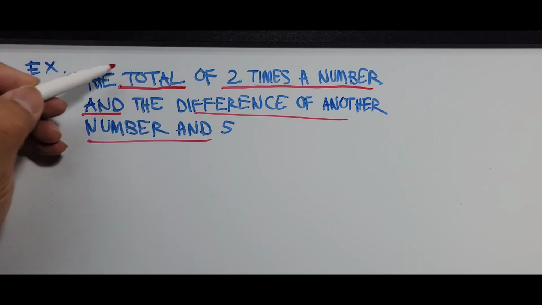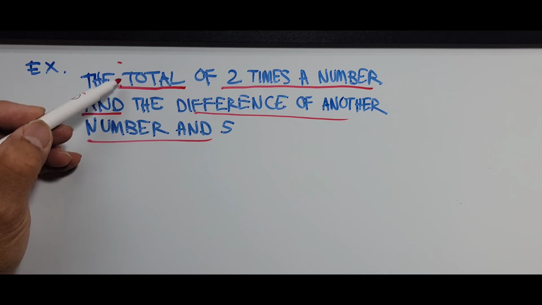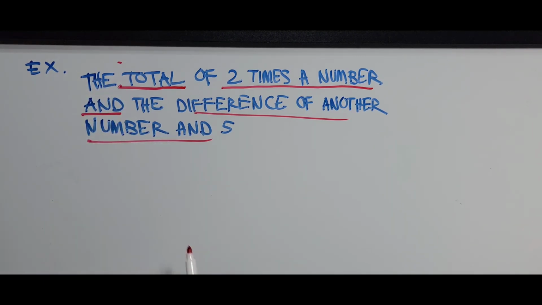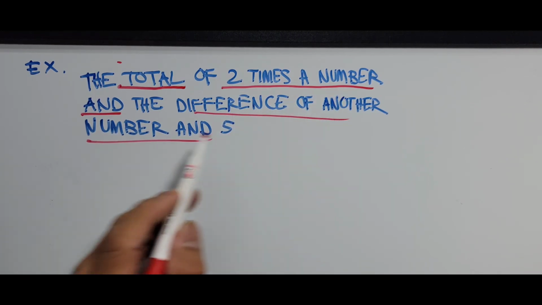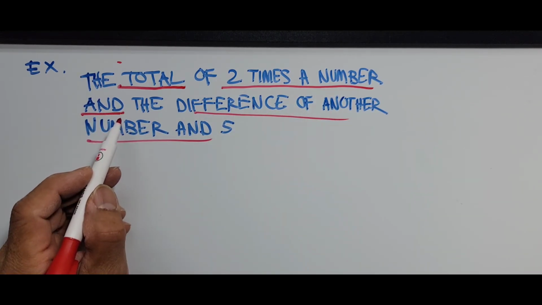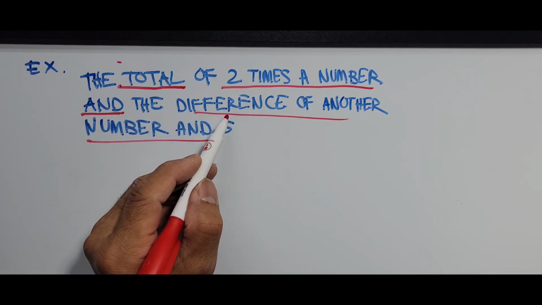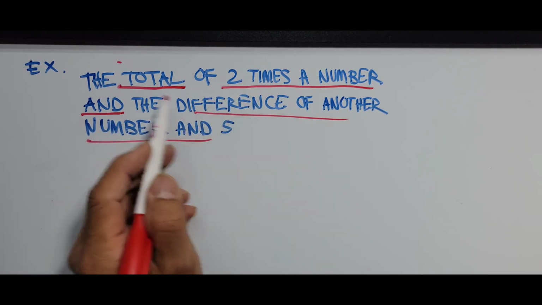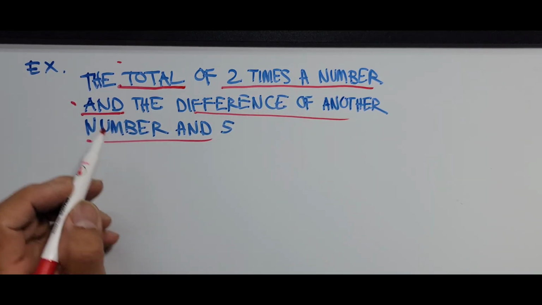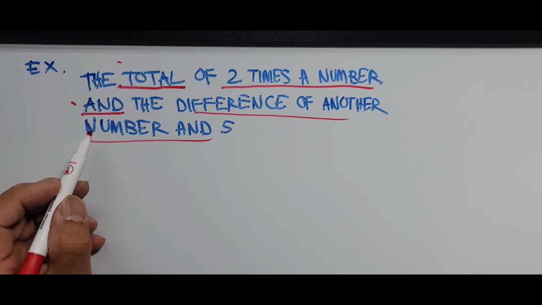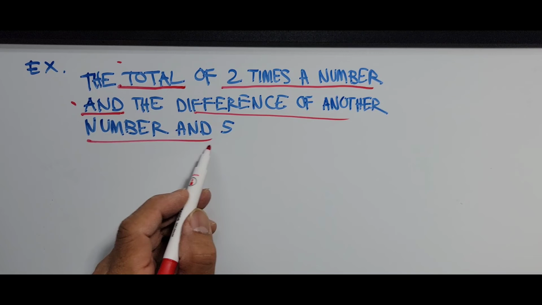Total signals addition, right? What are you adding over here? You're adding 2 times the number, and the signal word and, the difference of another number and 5.